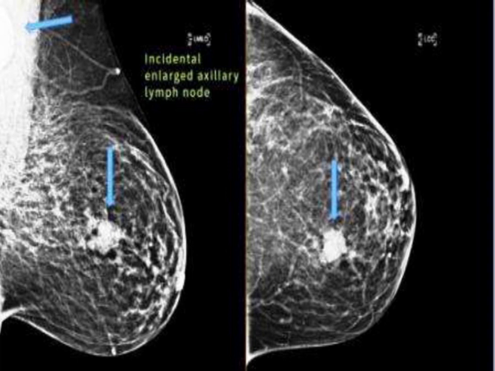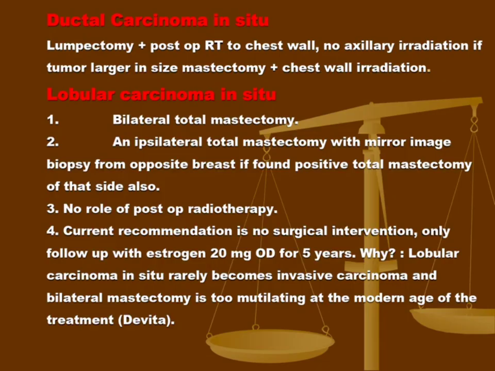You see here the typical picture of a mammogram. In mammography we basically use two views, mediolateral and craniocaudal. In this picture you see the irregular, heterogeneous, high-density opaque lesion, and this is the way breast carcinoma presents. Had it been a fibroadenoma, it would be a smooth, circular, dense opacity with a smooth margin.